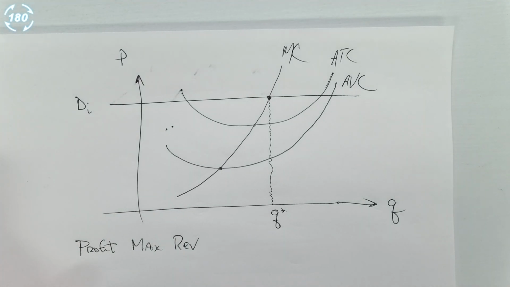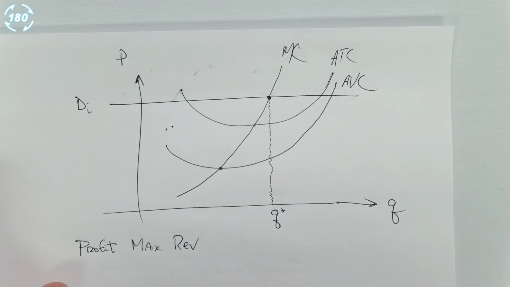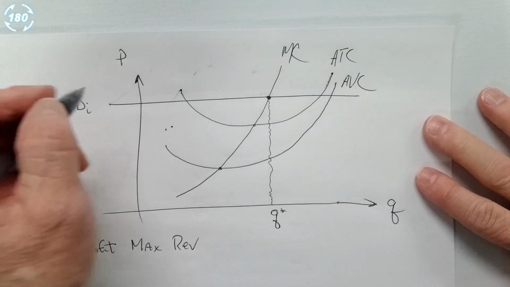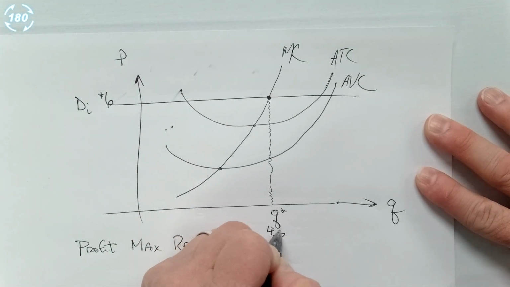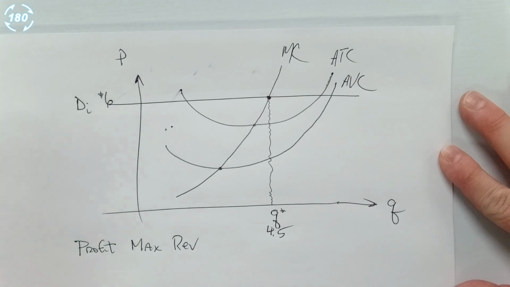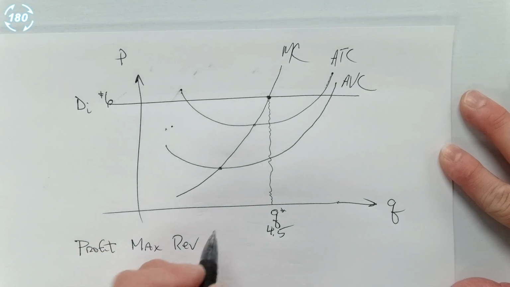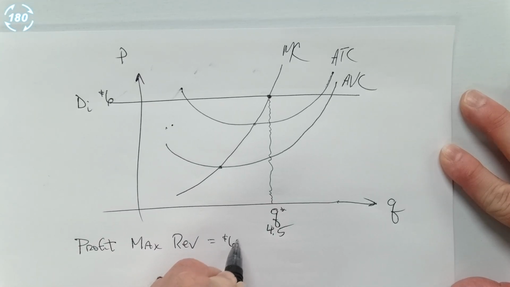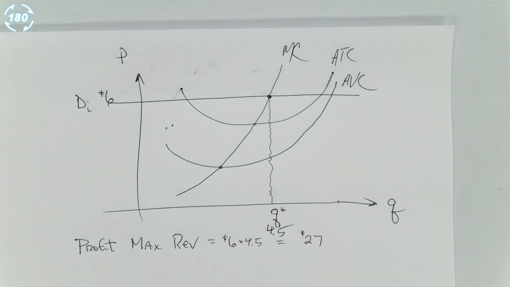I can put this on a test, okay? Put some numbers on here, but I want you to be able to find these things. Like if this is $6 and this is 4.5 units, and if I say, what's the profit maximizing revenue? You multiply these two things together, right? So this is $6 times 4.5 units, and I think this is $27. Profit maximizing revenue, $27, okay?